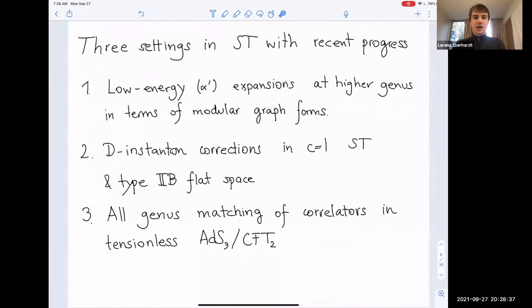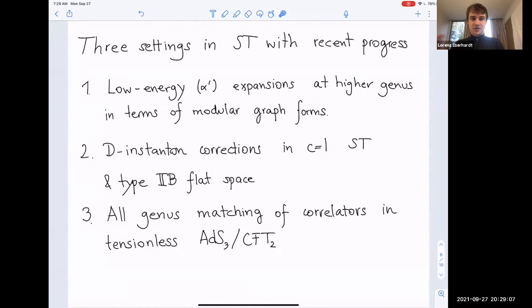All right, but I also want to mention that there is progress happening, and let me just mention three areas where we have recent progress in higher genus amplitudes in string theory. One is an ongoing collaboration of various people, mostly Dorigoni, Green, Schlotterer, Johansson, all these people.